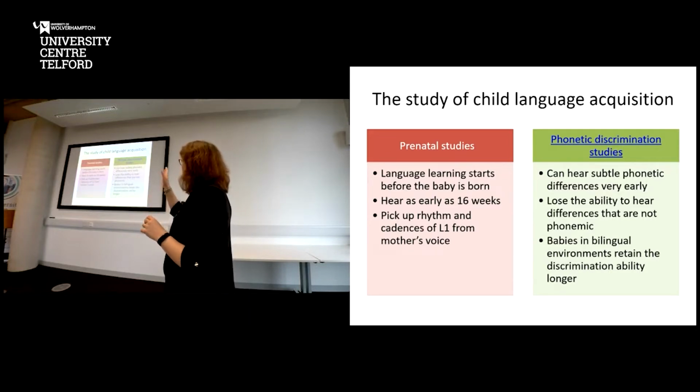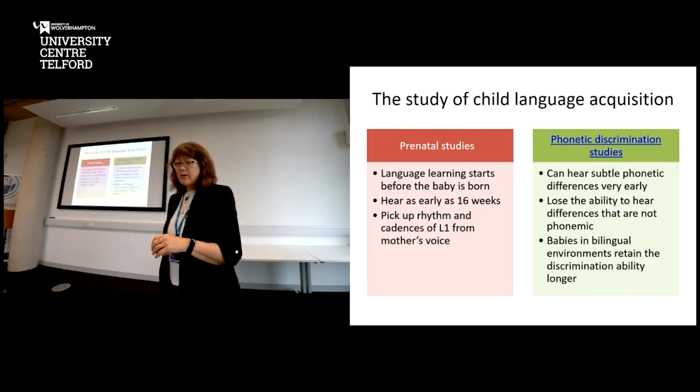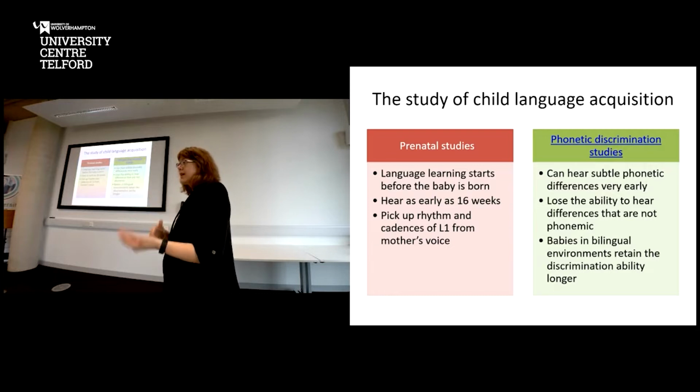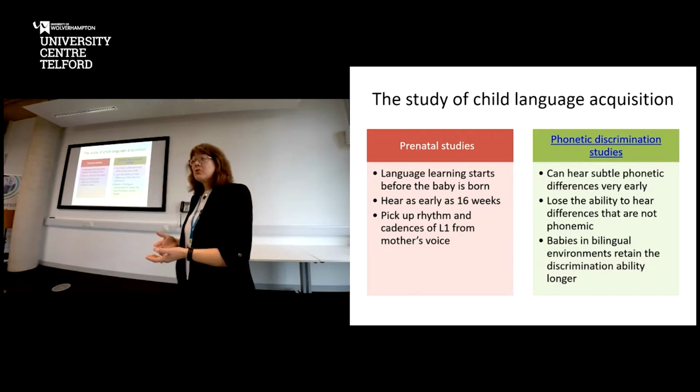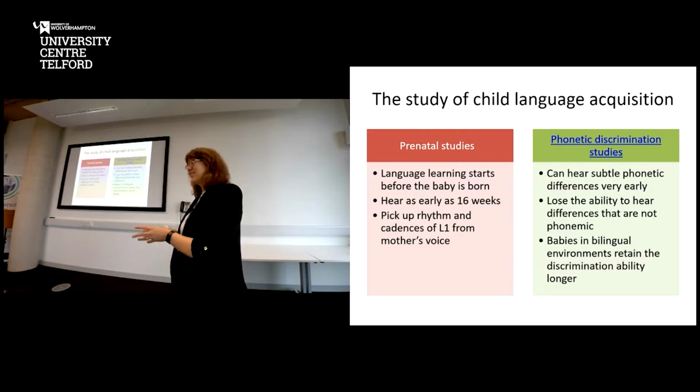So there's some really interesting research that was done by Patricia Kuhl, working with Japanese babies. So obviously in English, L and R are different sounds for us, but in Japanese, they aren't different sounds. They don't change meaning. So Japanese does actually have an L and an R sound. It just doesn't affect meaning.